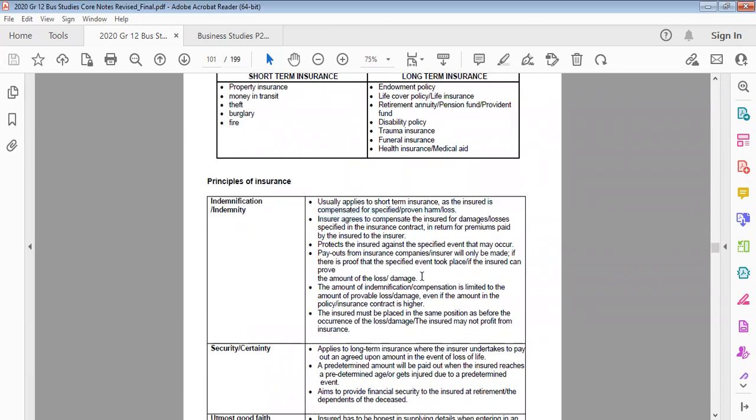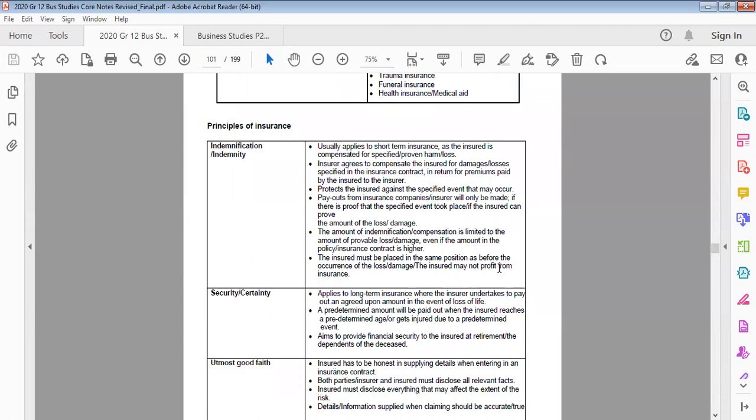In that case, it doesn't look good, and those types of answers normally get deducted marks. Okay, so when you're preparing this, don't take the easy information. Take the information that you feel is the most comfortable, but also not repeating from the other facts that you've learned. Okay, insured may not profit from insurance.